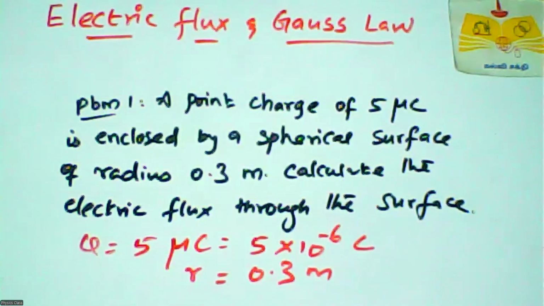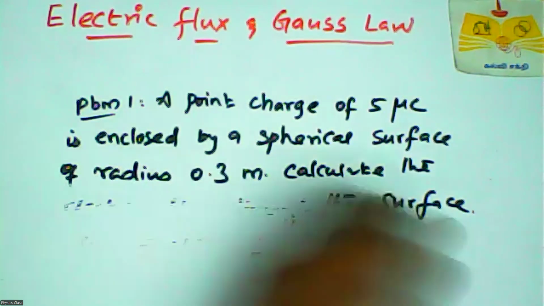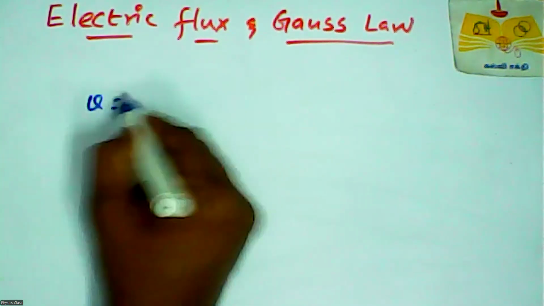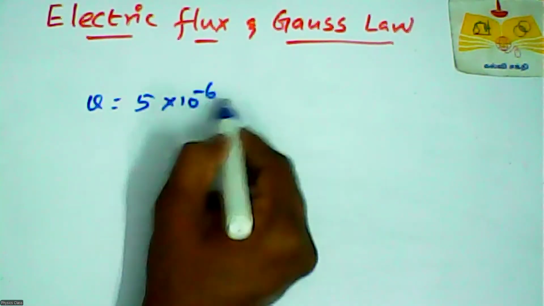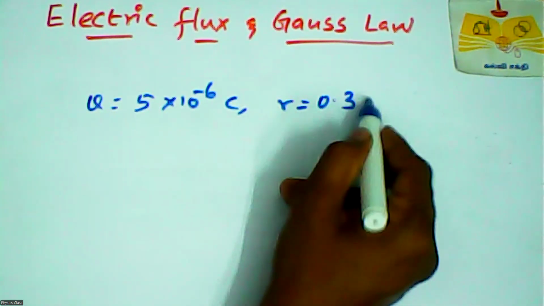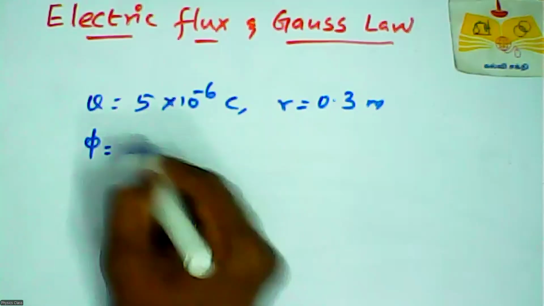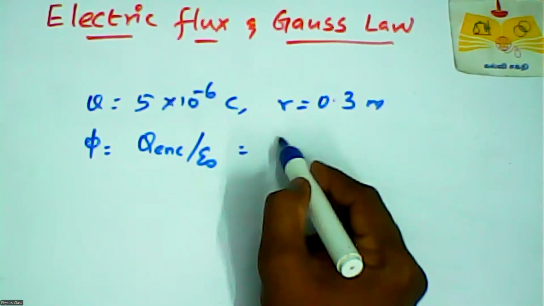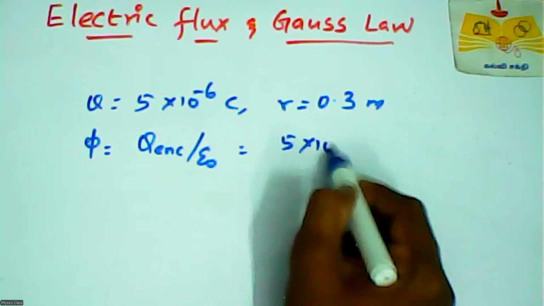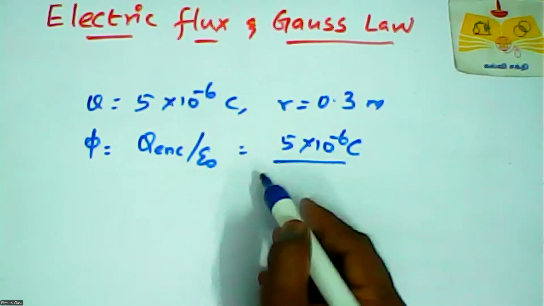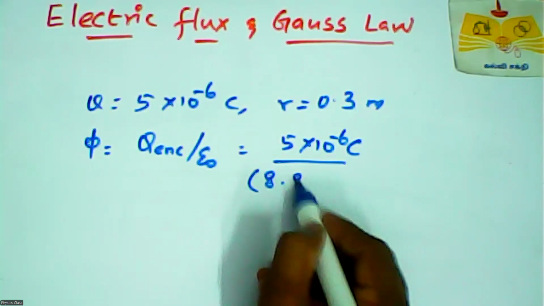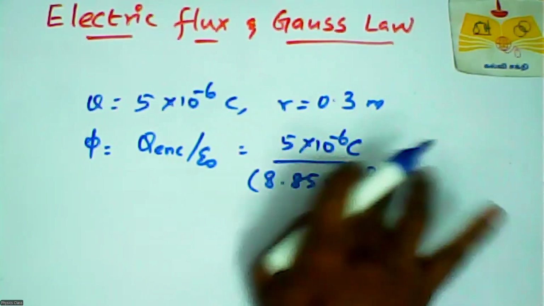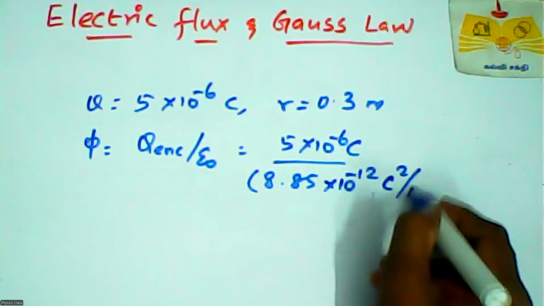So the formula, already we know: Q is 5 into 10 power minus 6 coulomb, radius 0.3 meter, electric flux phi is equal to Q enclosed by epsilon naught. So 5 into 10 power minus 6 coulomb divided by the value of epsilon naught, 8.85 into 10 power minus 12 coulomb square per Newton meter square.